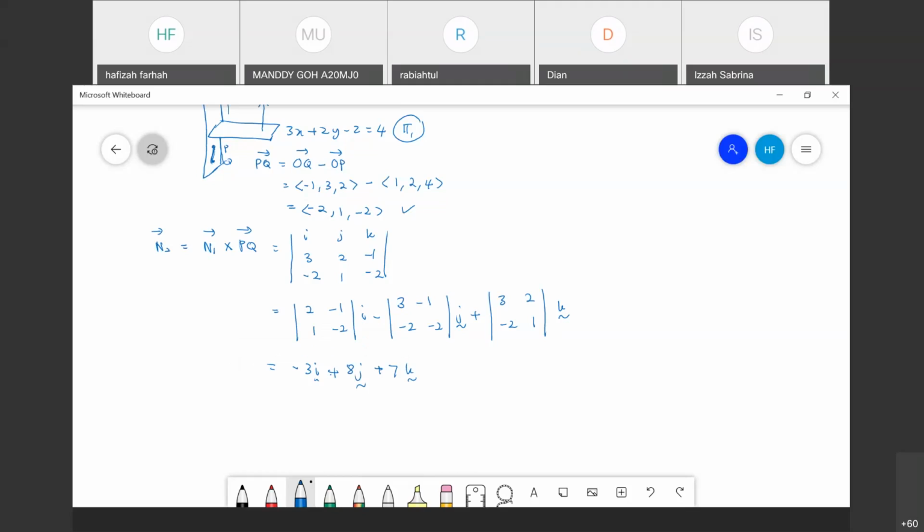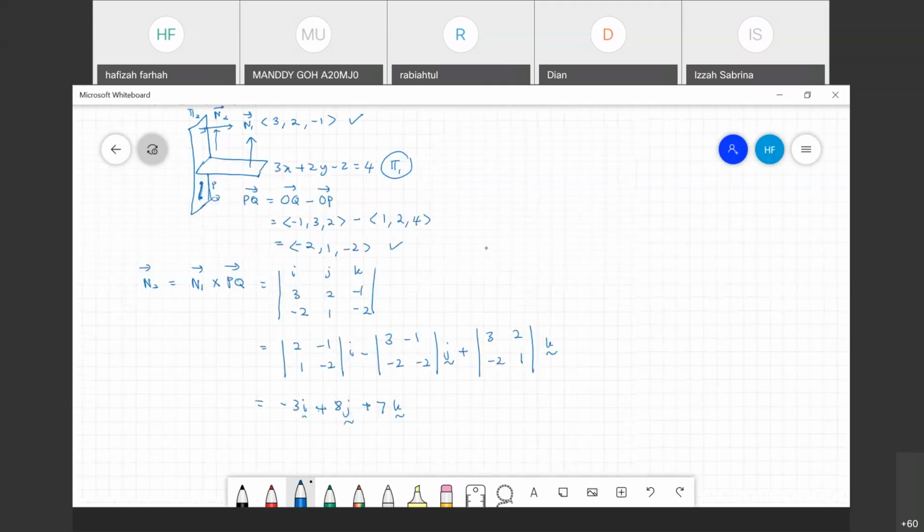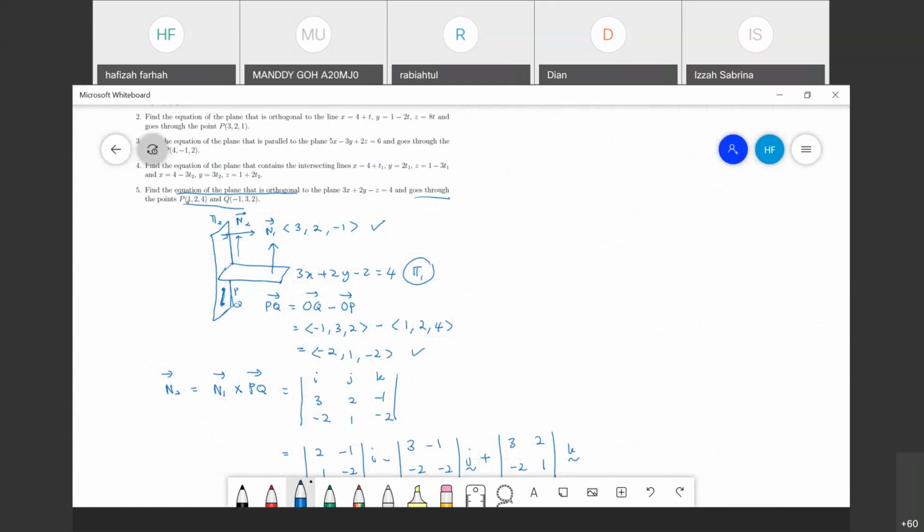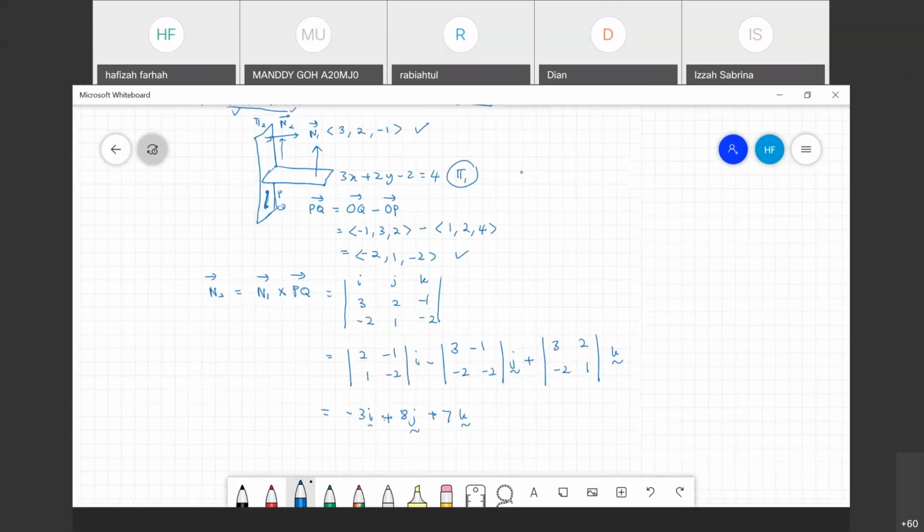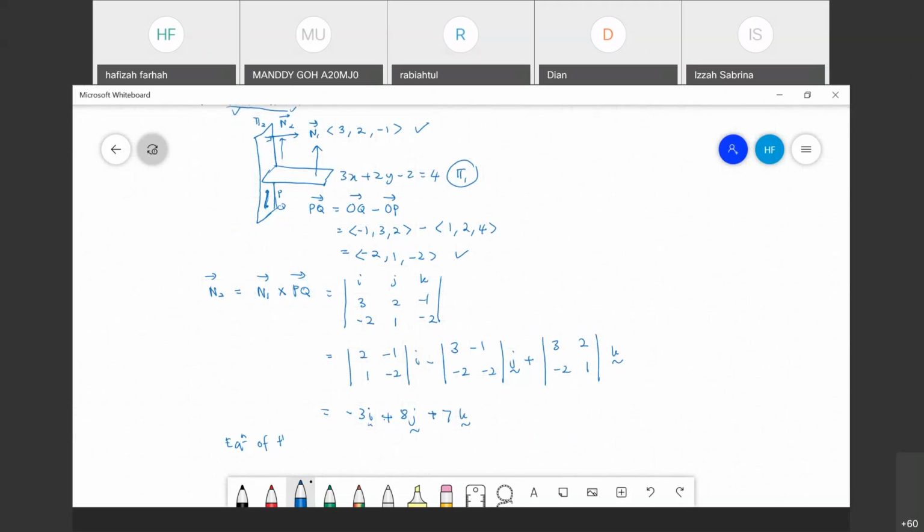So now we have the vector n2. Since the plane goes through the points P and Q, we can just use one of these points to obtain the equation of the plane, where the equation of the plane is ax plus by plus cz equals ax naught plus by naught plus cz naught.